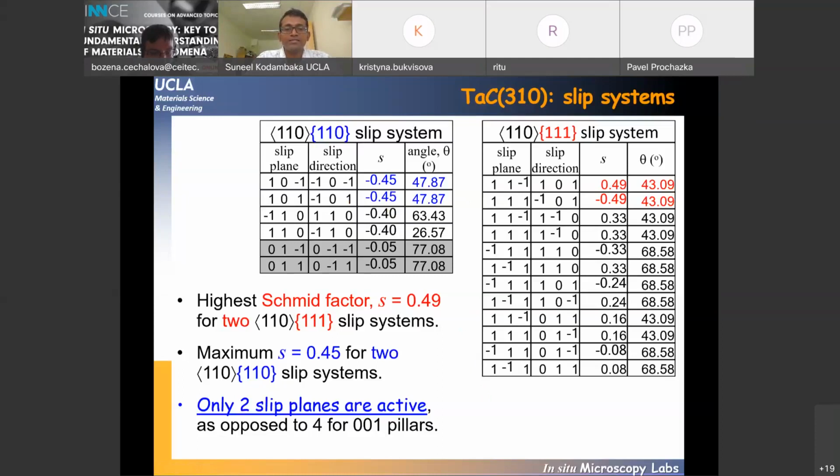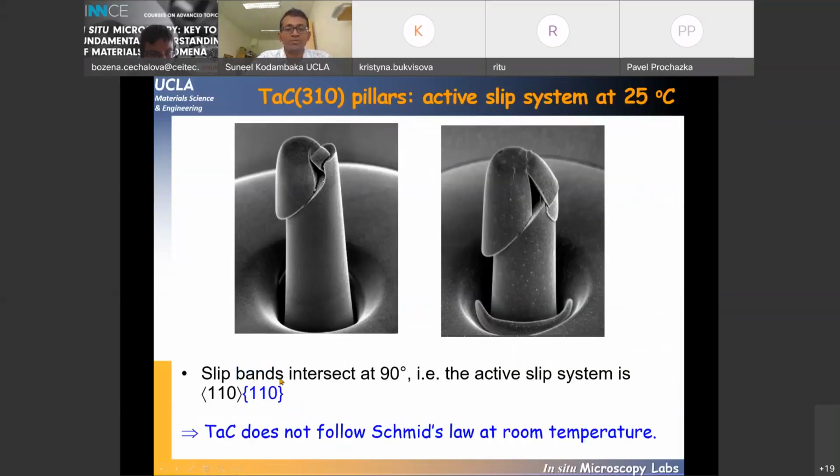And so what you find is that even at room temperature for 310 oriented crystals, the geometrically expected slip system to be active is 111, not 110. But experimentally, what we observe is the opposite.